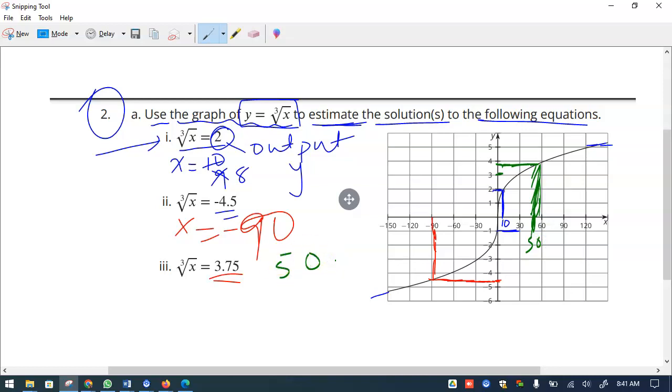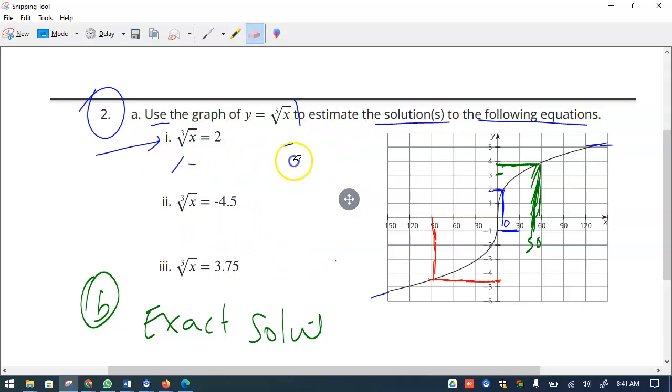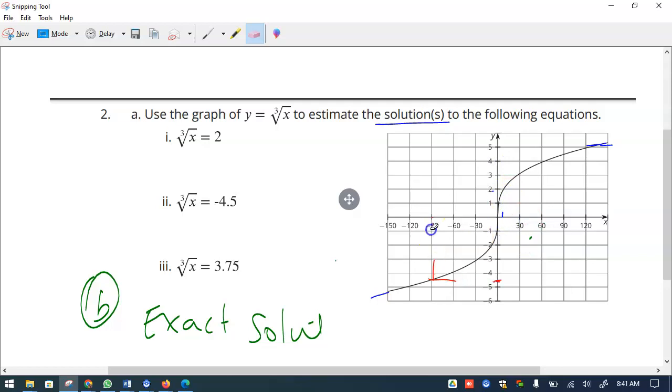But the question is, they asked me another question, the B part. We want to know the exact solution. What is the exact answer? So I'm going to take this off. So there's a B part which we have to do. And that is going to be the actual answer and not just estimating by looking at the graph. And the formula is like this.